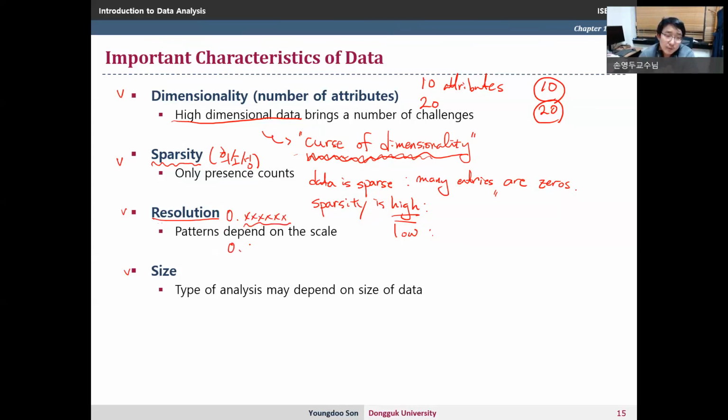However, if you have only 1 or 2 digits after the decimal, then sometimes we call this low resolution. And if the data has high or low resolution, sometimes we can find different patterns from different resolutions of data.